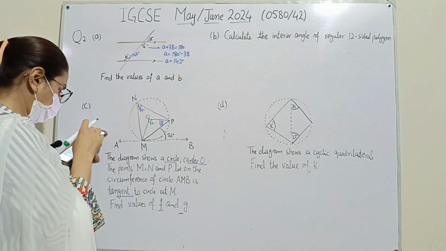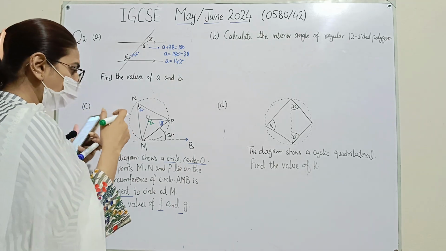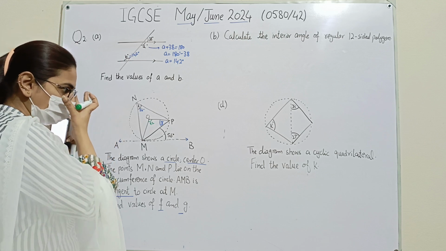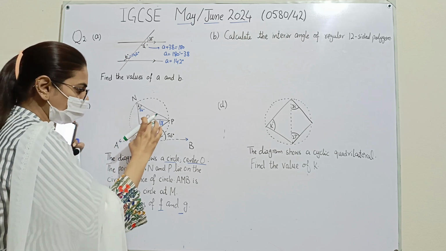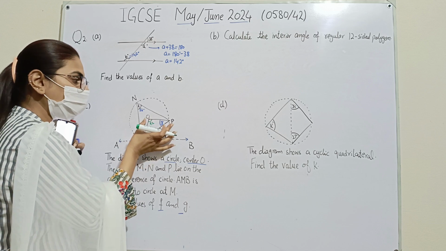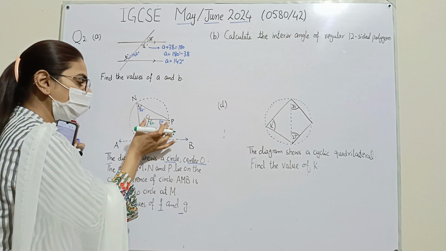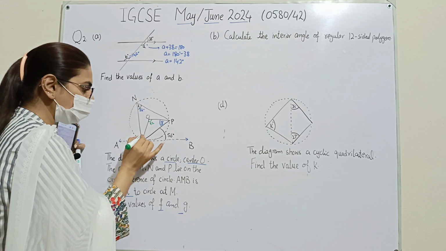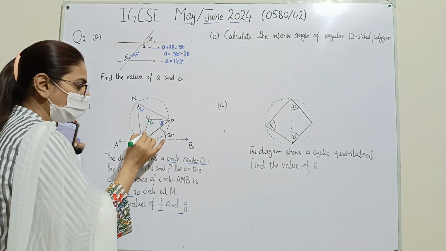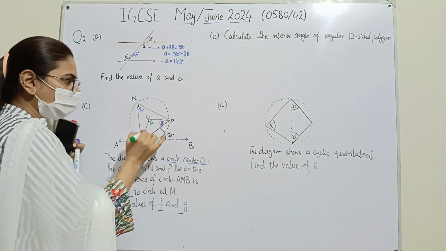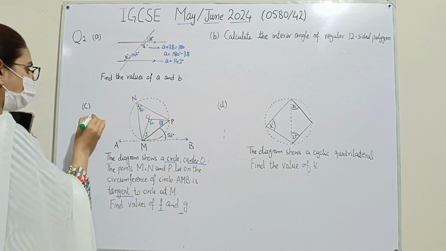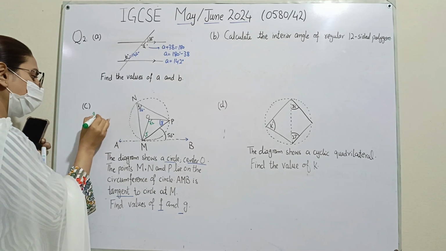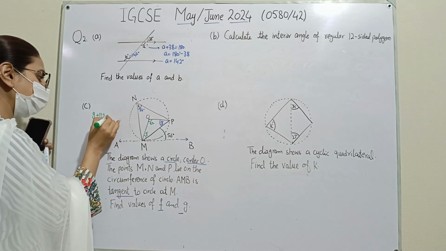Now, as you have seen over here, this OM is a radius of the circle, OP is also a radius of the circle. If the radius is making G angle over here, it means this angle is also G. Now you have to take this triangle. As we know, the sum of angles of a triangle is always equal to 180.